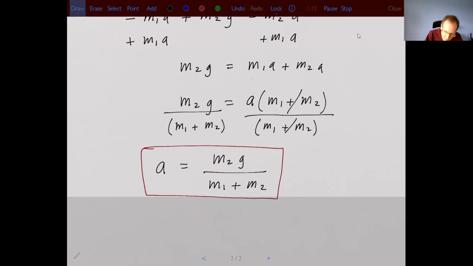Remember, m2 is the suspended mass. So it's the suspended mass times 980 divided by m1, which is the mass of the cart, plus the suspended mass. That will give the acceleration of the cart and the acceleration of the suspended mass. Usually we say the acceleration of the system. Okay, great. So when we're asked to calculate the theoretical acceleration, that's the equation that we want to use.